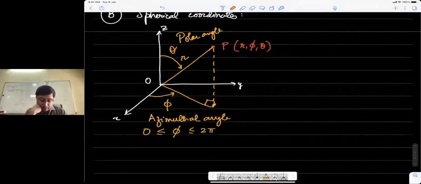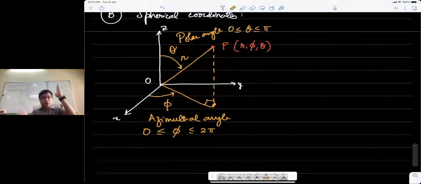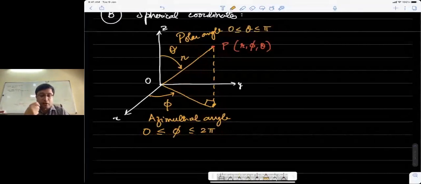And theta can only go from 0, because 0 is measured from the positive z axis, to pi, to reach all points within the negative z axis. So theta would be 0 to pi. Now if you think of these coordinates, you can actually cover all points in the Cartesian system using just these three combinations.